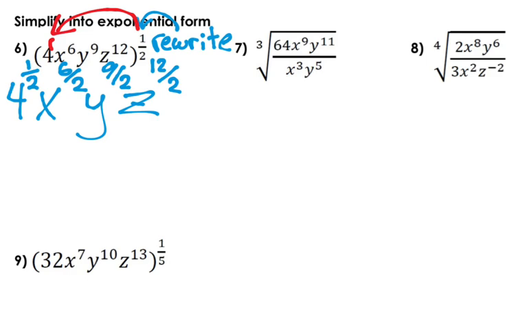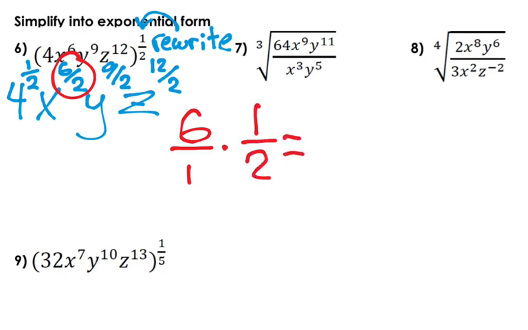And 1/2 times 1 is just 1/2. The other exponents, we are multiplying here, and you'll notice it says 6 over 2. You should know that 6 is really 6 over 1, and we are multiplying it by 1/2, so that is going to be multiplying straight across, 6 over 2, which is going to reduce to the number 3 when we get to the end of the problem.